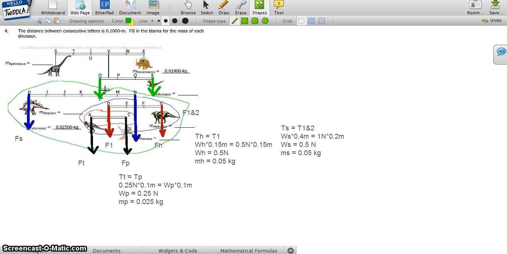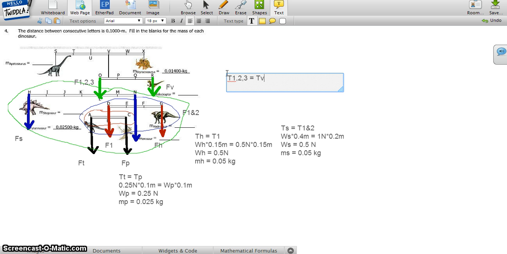And those two weight forces will create counteracting torques. So this will be the force of the velociraptor, and this over here I'm going to say is the force of 1, 2, and 3 combined. So the torque of 1, 2, 3 combined, those levels, will be equal to the torque of the velociraptor.